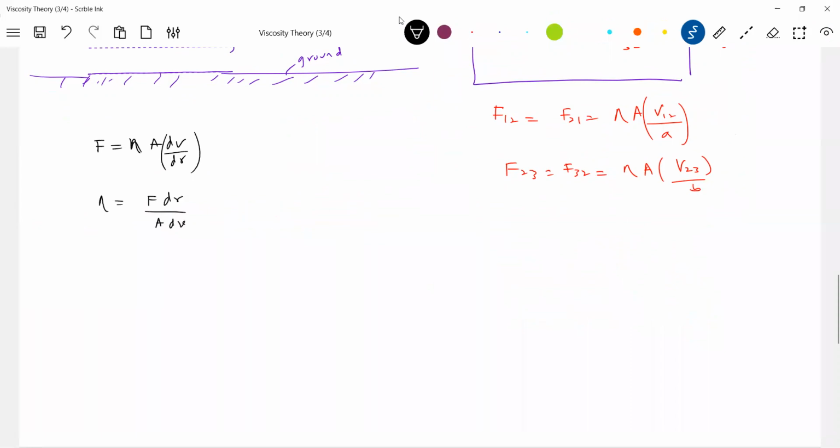We know dimensions. Force will be Newton, but we'll go for dimensions. Dimensions of force will be M L T minus 2. dr will be L. Area will be L square. Velocity will be L T minus 1.